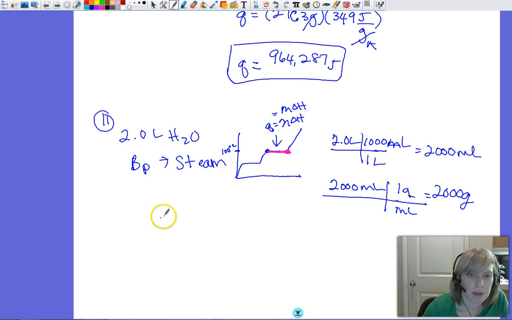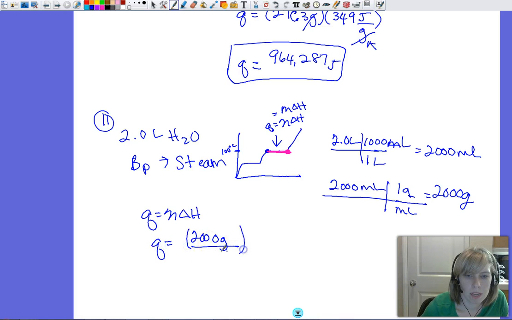So once I have my grams, I'm going to use my Q equals N delta H because I'm going to use my molar heat of vaporization off my chart. So I have grams, and to convert that to moles, I'm going to divide by the molar mass of water, and then I'm going to multiply all of this by 40.7 kilojoules per mole.